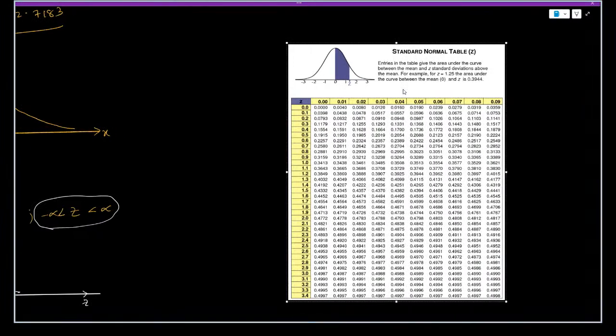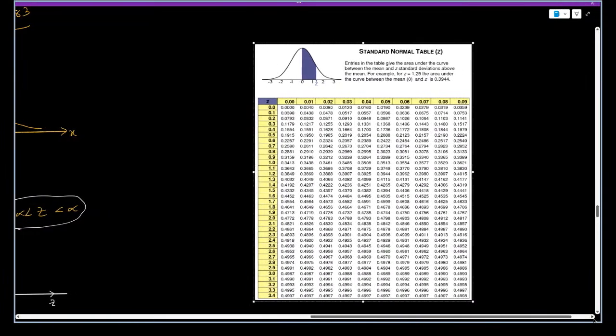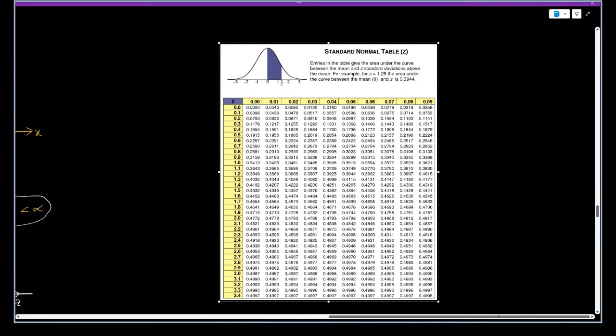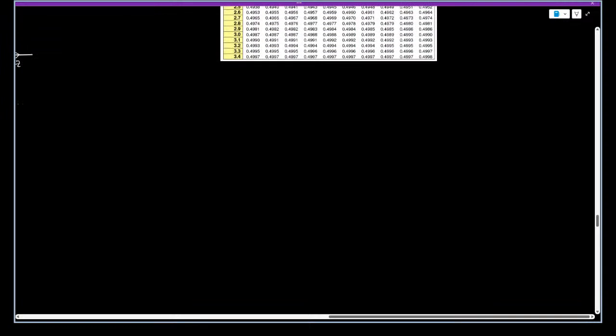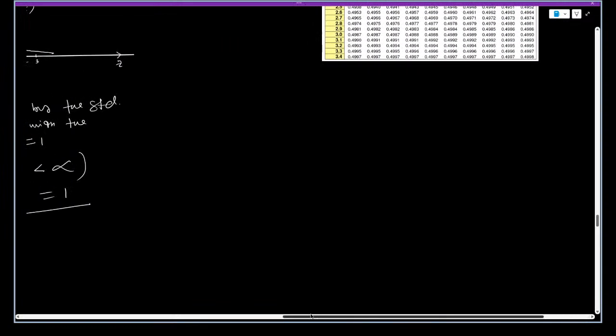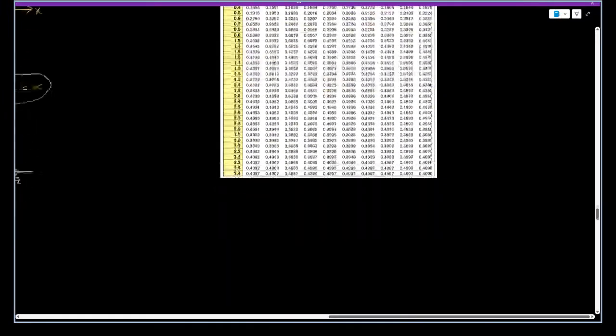Okay? Use this table here. You are going to use this table in those sums. Just a minute.